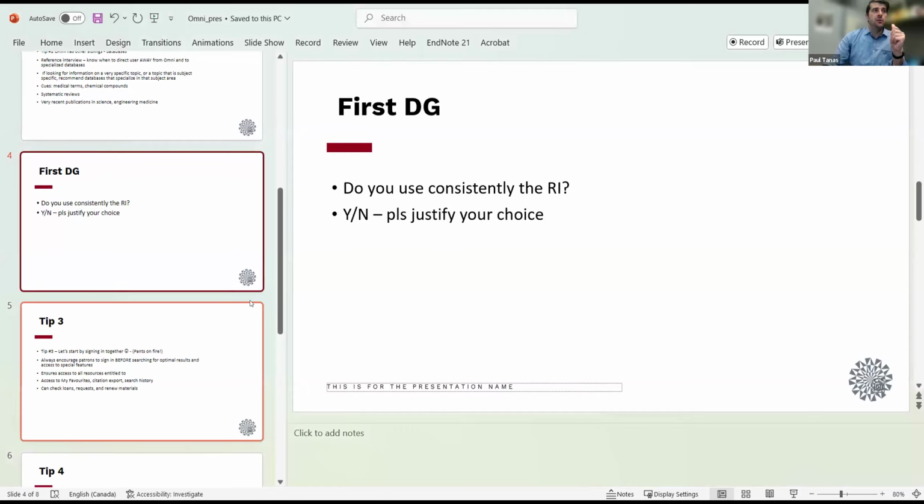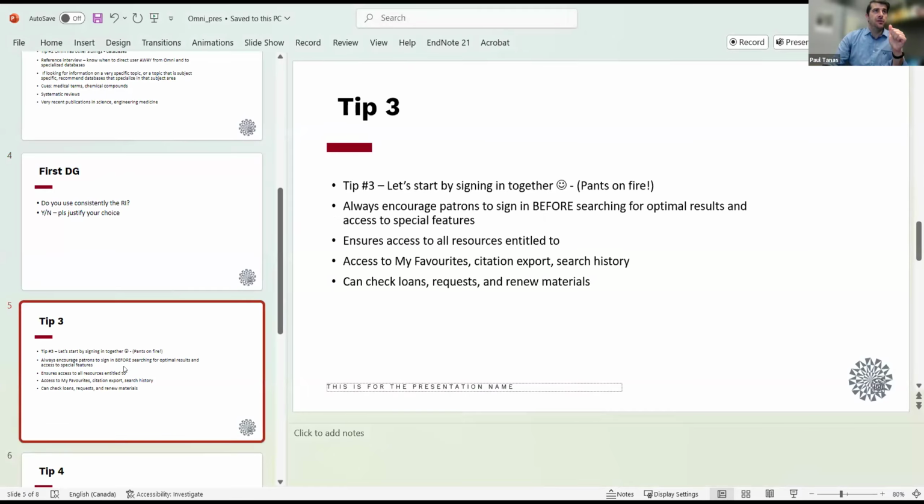I'm going to move on with tip number 3. Do you see the slides changing on your screen? Okay, yes. So I put here the interaction.